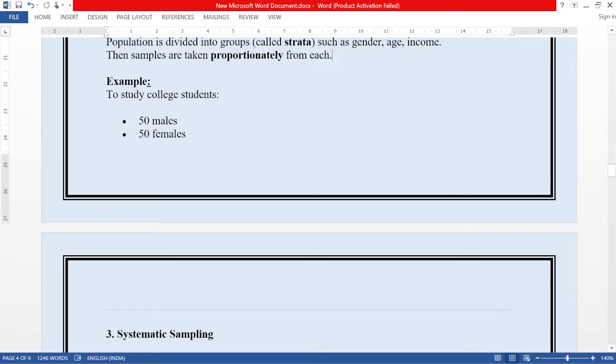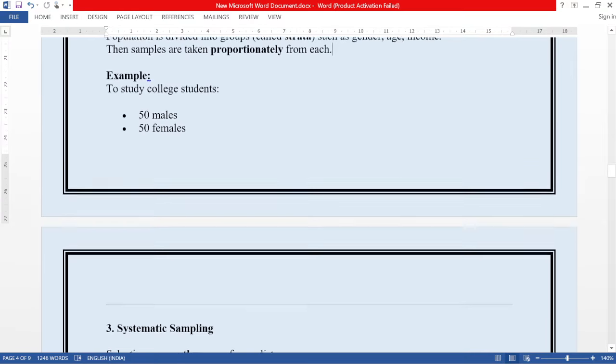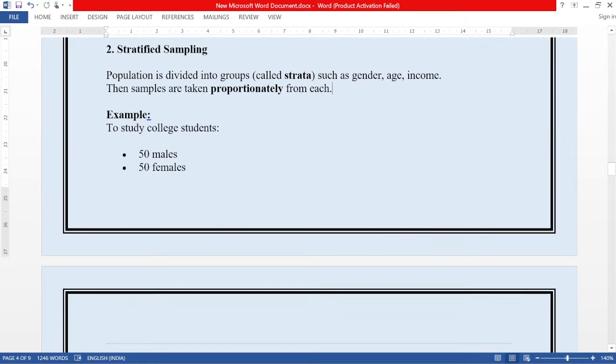Studying college students, 50 males and 50 females. Okay, so the entire population would be divided into groups, and then the sample will be selected. This is stratified sampling.